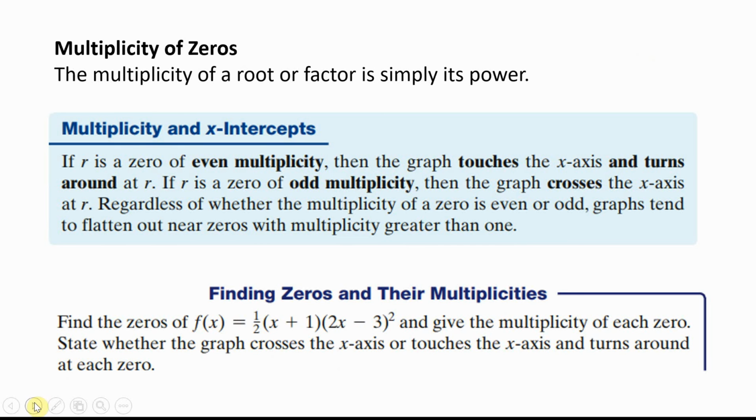So look down here at this example. You see this has been factored. You get x plus 1, very quick. You also get 2x minus 3 to the second.